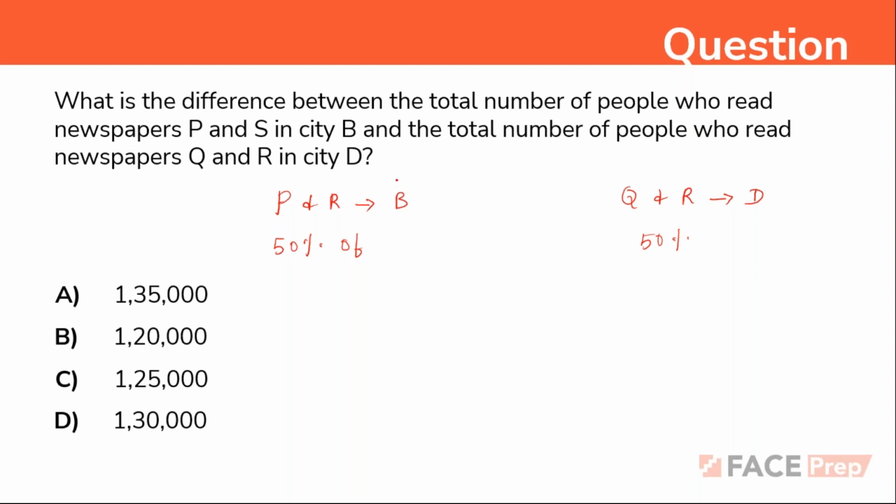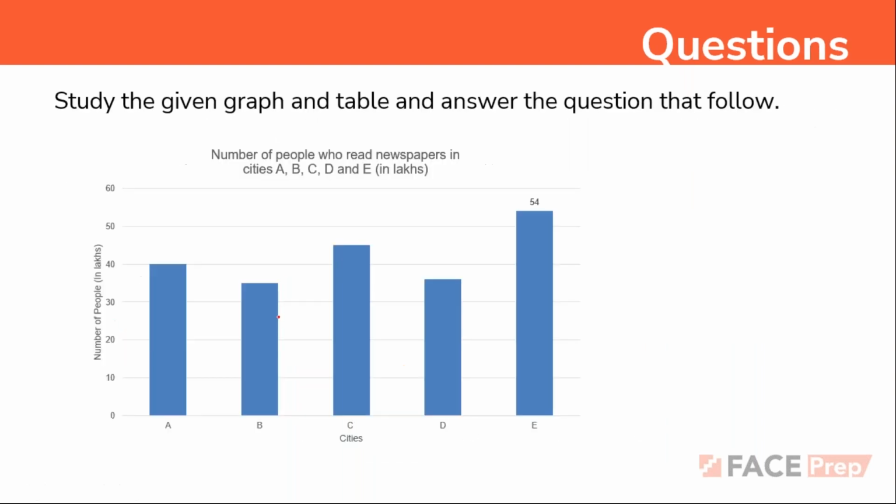Now I need to find the value of B and D, right? So in B, it is exactly in the middle. So it is 35 lakhs and D, it is not exactly in the middle. See, this is actually in the middle, whereas this is like 1 point above.